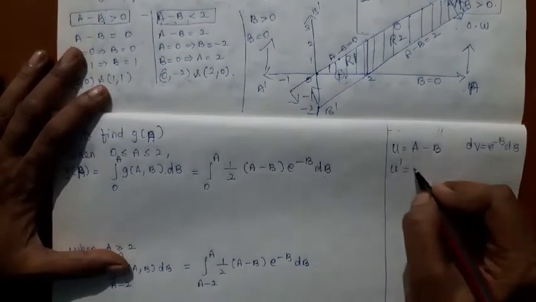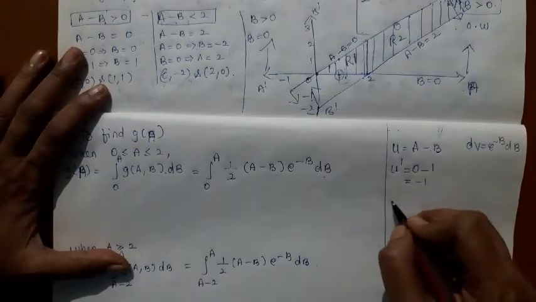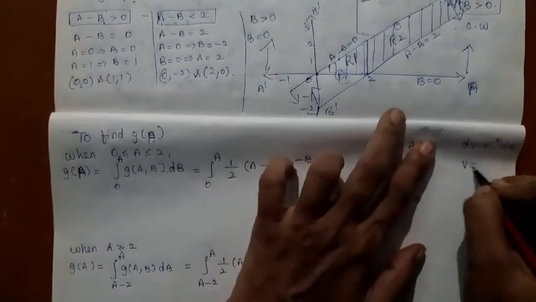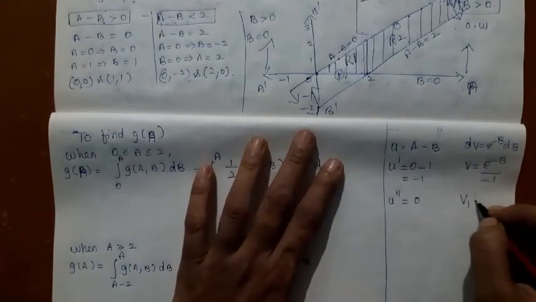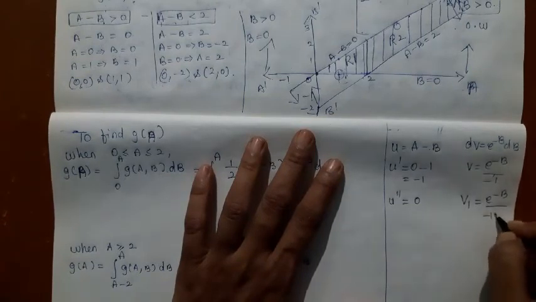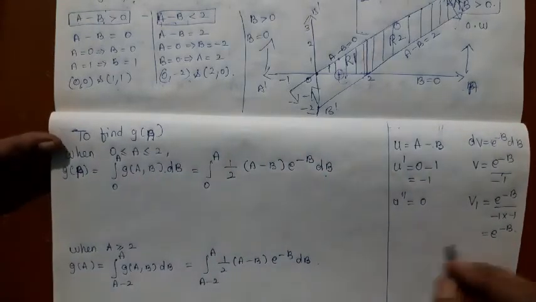When you differentiate with respect to b, you get 0 minus 1 equal to minus 1. u2 dash becomes 0. What about v here? It is e power minus b by minus 1. What about v1? Again integrate e power minus b by minus 1 into minus 1. That is e power minus b. v2 is not required because u2 dash becomes 0.